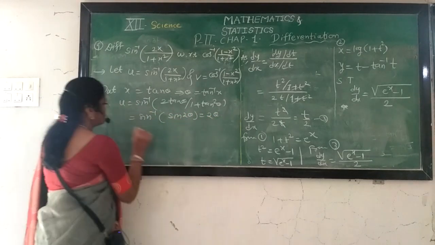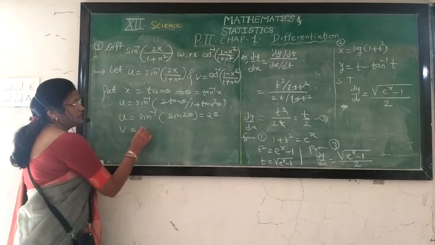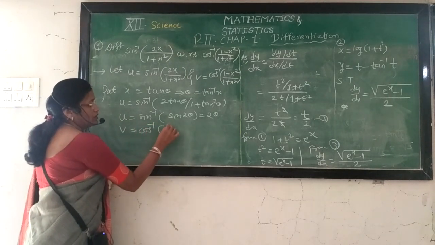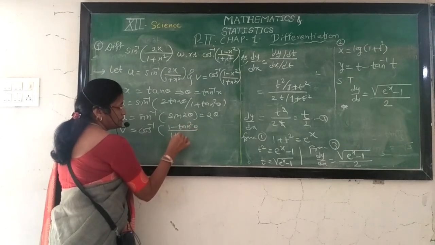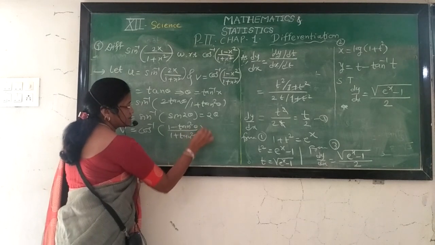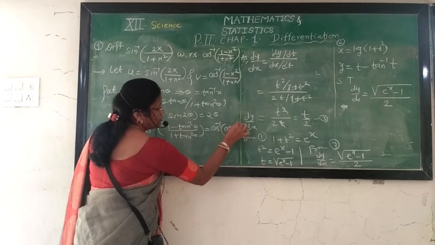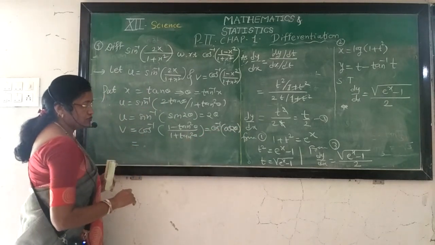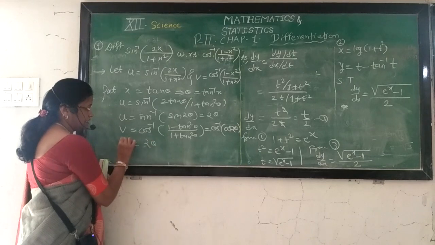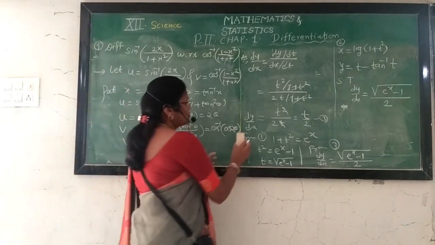So your answer is written here only 2 theta. Again same case, v is equal to cos inverse 1 minus tan square theta upon 1 plus tan square theta, that gives the result of cos 2 theta. Again by using inverse trigonometric ratios property we get that value is theta. So u equal to 2 theta, v is equal to 2 theta.